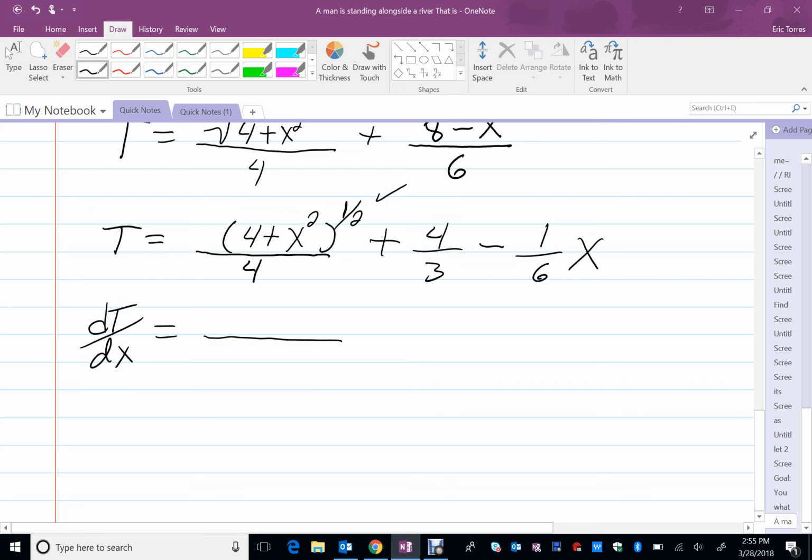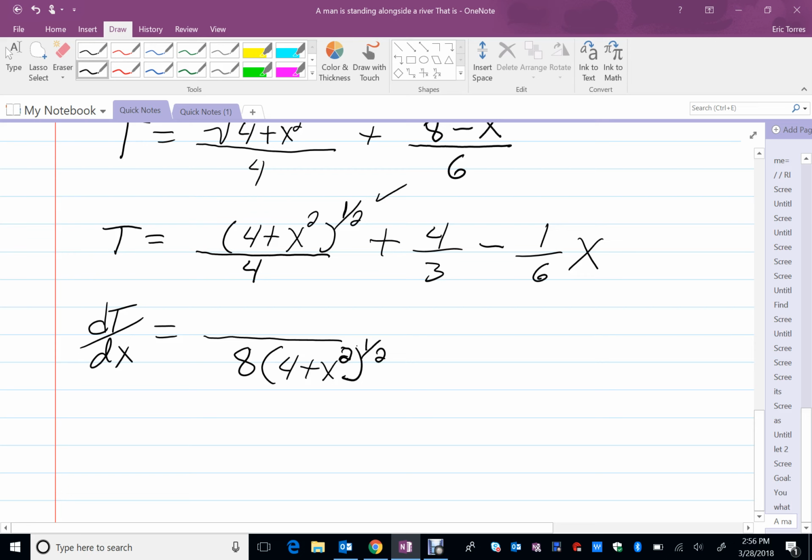So when I do that, 1/2 times 4 is going to make it 8. And I need to subtract 1 from the exponent. That's going to make it a negative 1/2 exponent, or I can simply write it on the bottom with the 1/2.